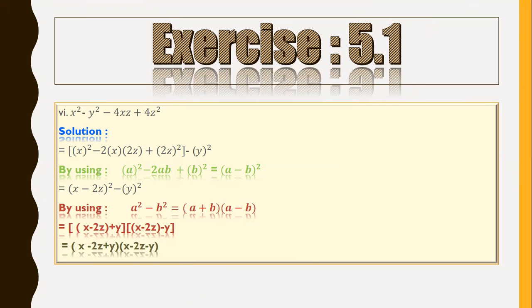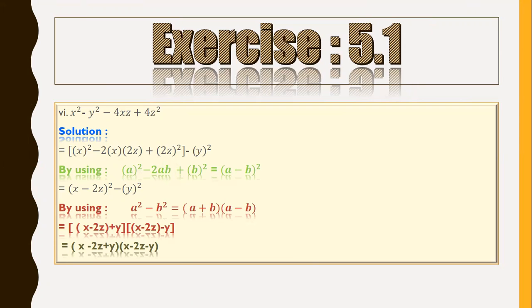We apply the formula of a minus b whole square on x square minus 2x 2z plus 2z square, and y square will be left. But the negative sign is with y square, so you must write minus y square. It doesn't mean that when you change the position of the variables you can change the sign of that variable.